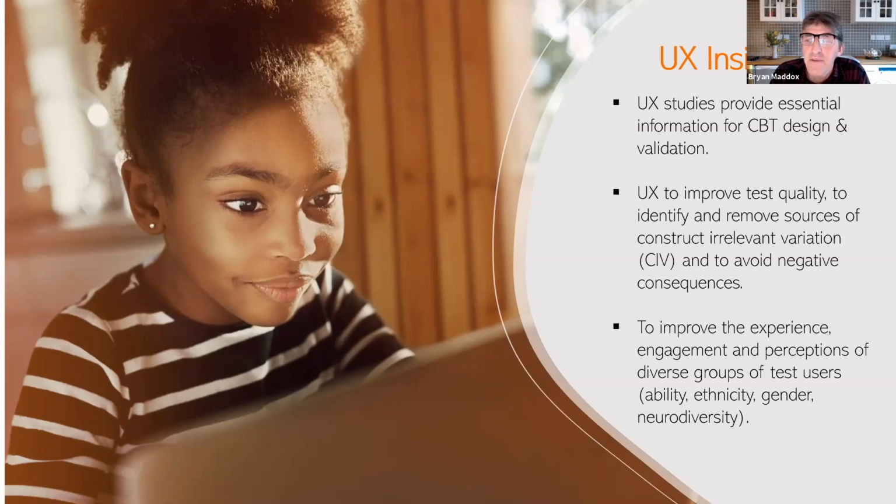And finally, it helps us to understand the experience and engagement and perceptions of diverse groups of test users. So in the three examples I showed you, we actually have different levels of ability. And what's clear is that those raise slightly different user experience issues each time. So the very capable girl in example 1 felt very comfortable using pen and paper.